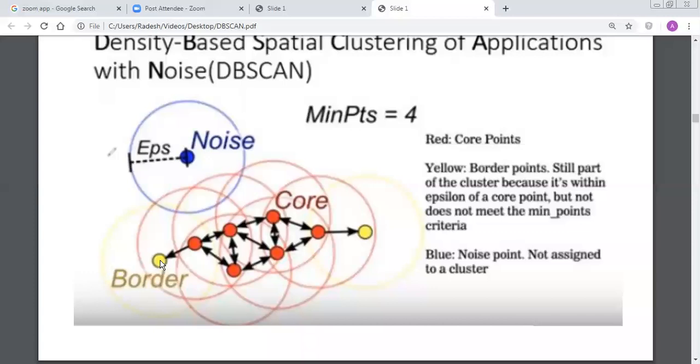Once you take this one, the number of data points in this particular circle is 1, 2, 3, and 4. But the minimum points given here is 4, and as it fails the minimum point criteria, it is considered a border point.